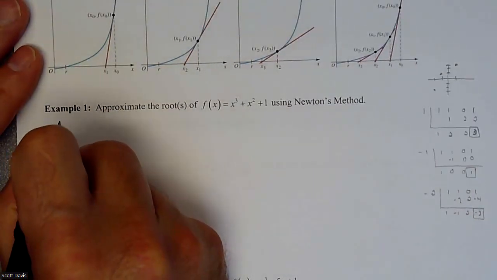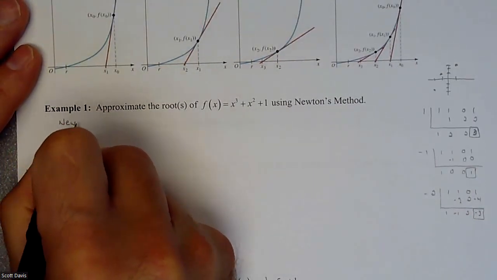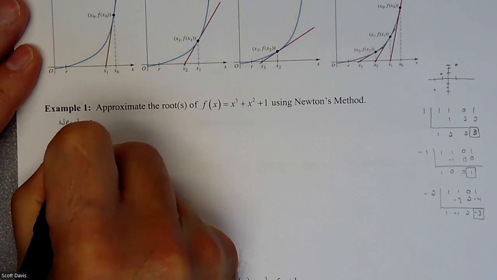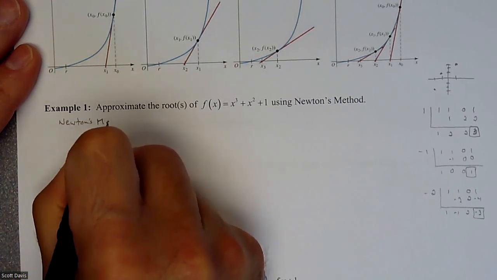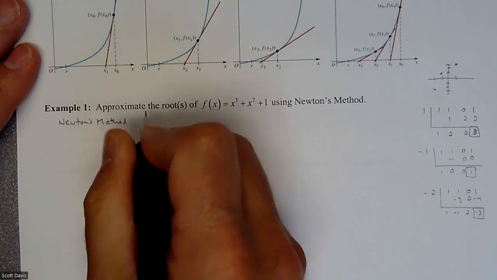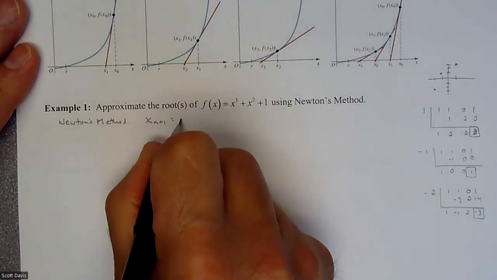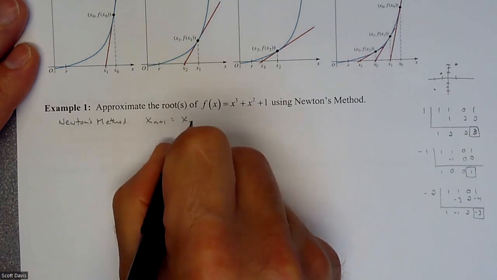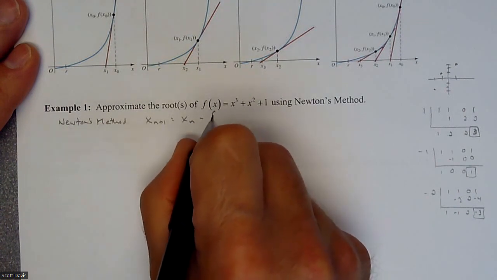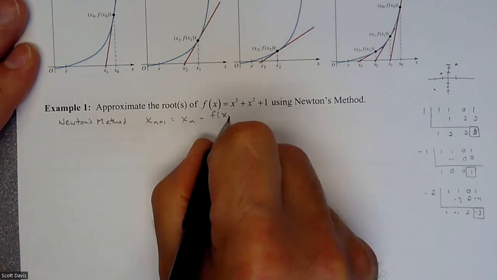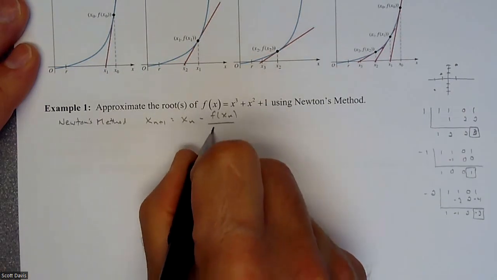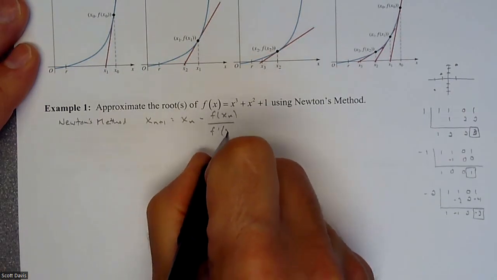For Newton's method, we are going to use this formula. Our next x is based on the previous x minus the y value for that x divided by the slope at that x.